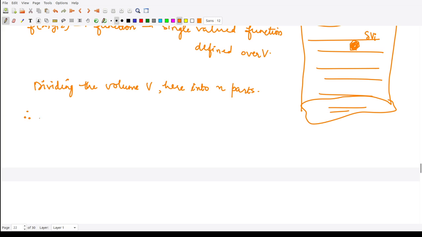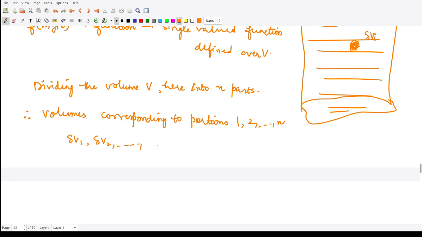Therefore, I can say the volumes corresponding to portions 1, 2 up to n could be delta V1, delta V2 up to delta Vn. So this would be our volume.